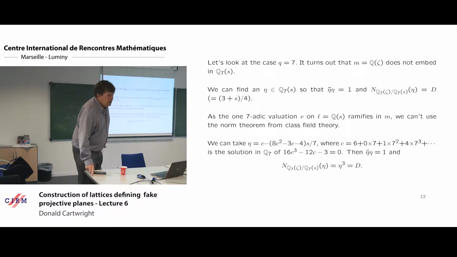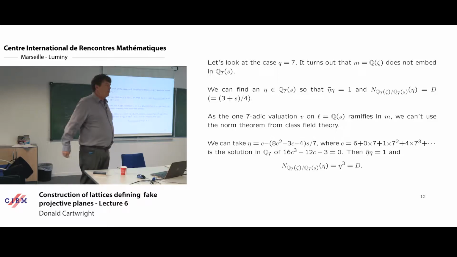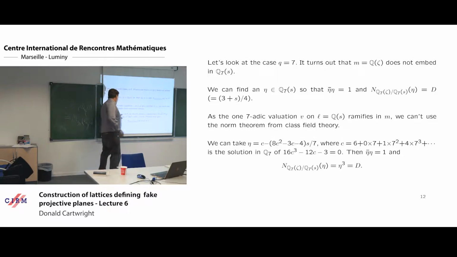So you can find a solution eta. And of course you need to know that c has to also satisfy this, and then these two things hold. And then you need to know there is a c that does that, and there you use Hensel's lemma to check that cubic polynomial has a root.